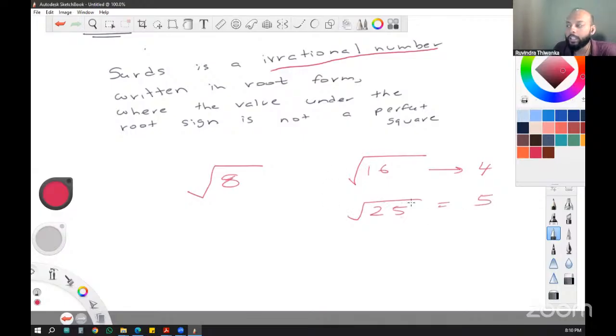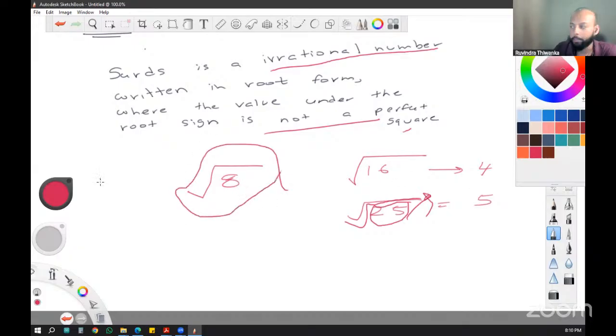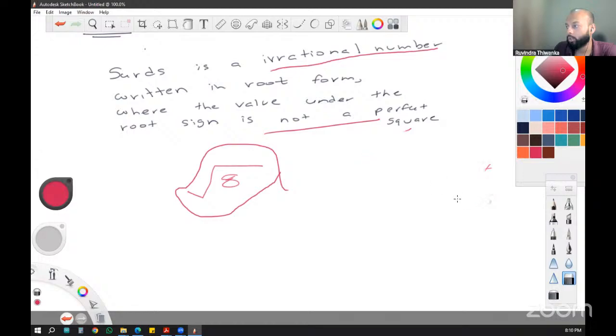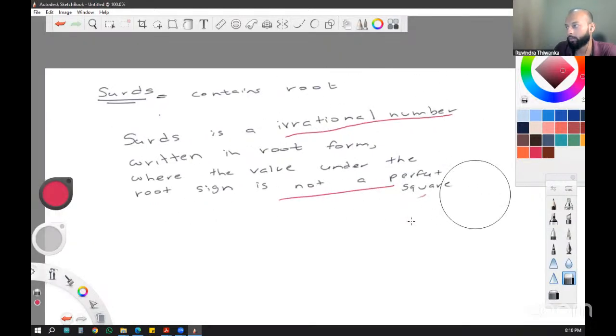So these are perfect squares. Where the value under the root sign is not a perfect square, then it becomes a third. If you want, you can write this down. I'll give you some more time.